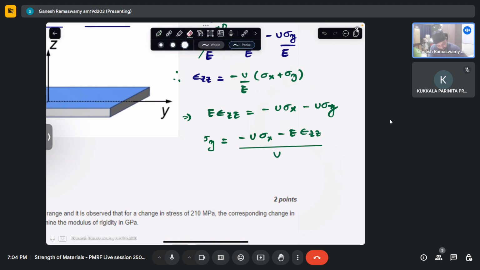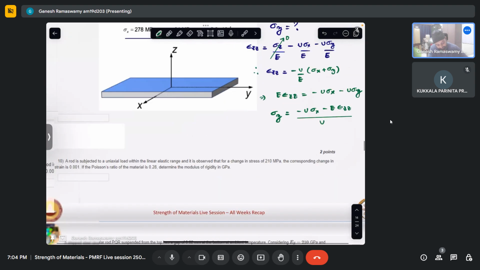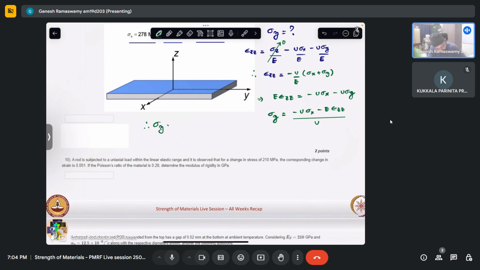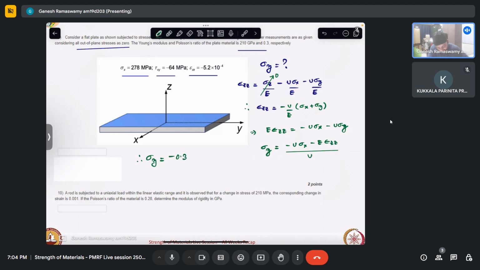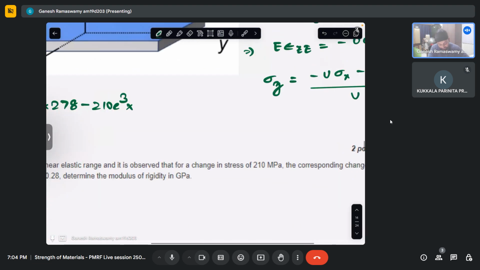So this is my sigma y. Let us plug in the values. Sigma y is minus 0.3 into 278, minus 210 E3 into epsilon zz, which is minus 5.2 into 10 power minus 4.